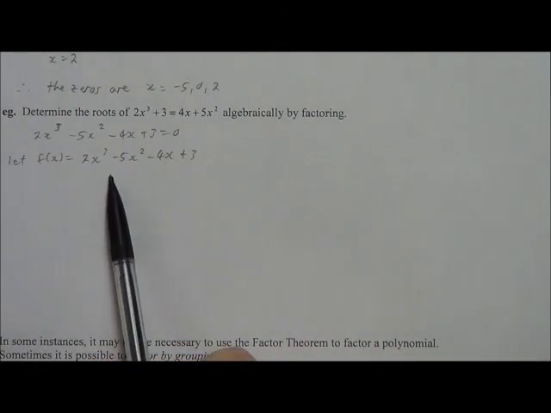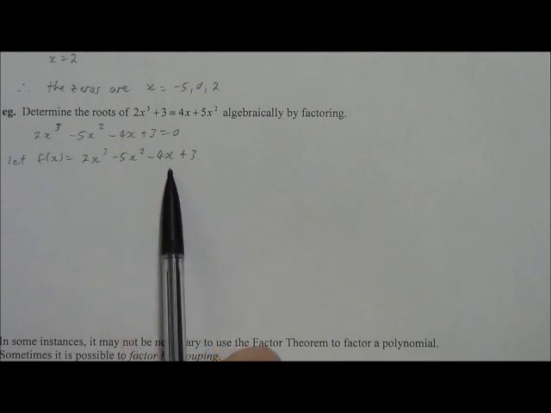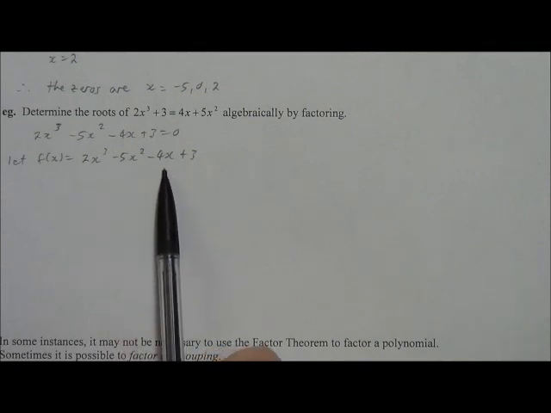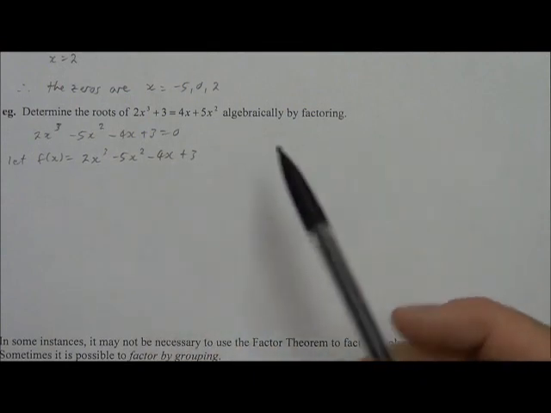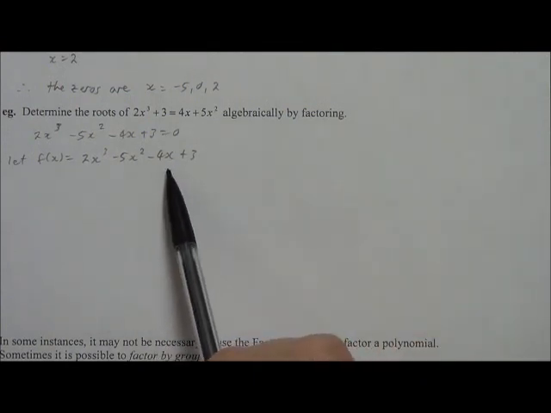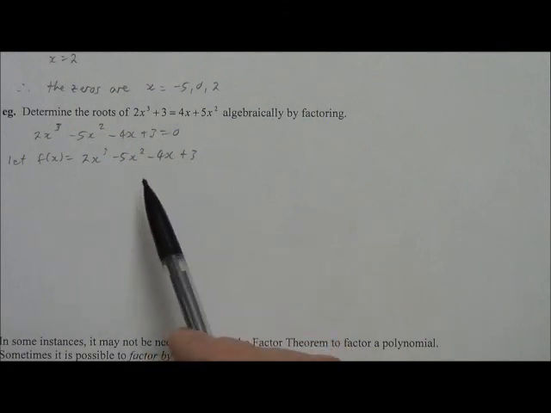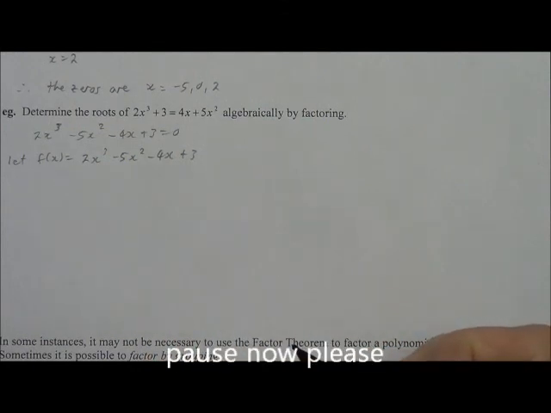And because I don't think I can factor this very well as it is, I'm going to use the factor theorem to figure out what a possible factor of this could be. So please pause the video and find your factors using the factor theorem.